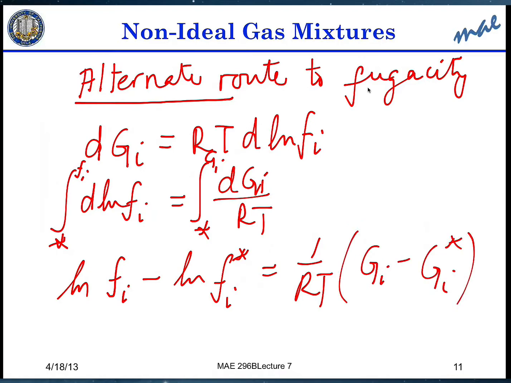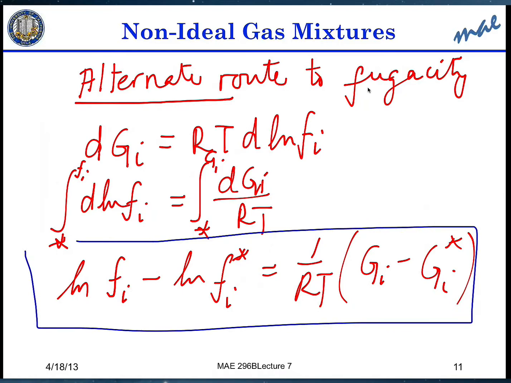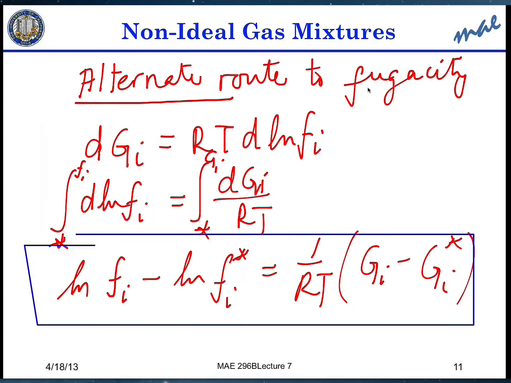So this is again another way to compute the fugacity of a substance once you know how to get the properties of that substance, meaning the Gi, which is Hi minus Tsi.